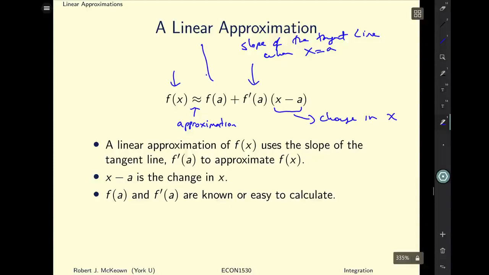And we can think of this point here as the starting point, or known point. It's the point that we have some information about, so we know what the tangent line is at that point, and then we're going to use it to estimate f of x, or approximate f of x.